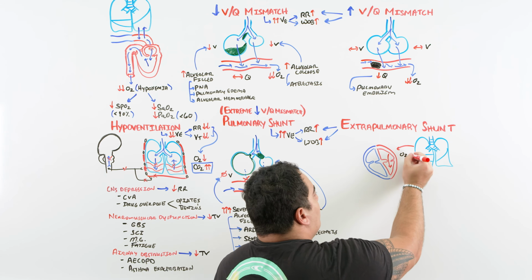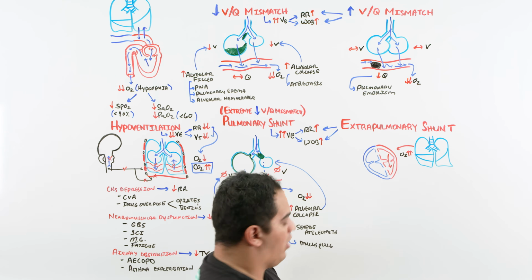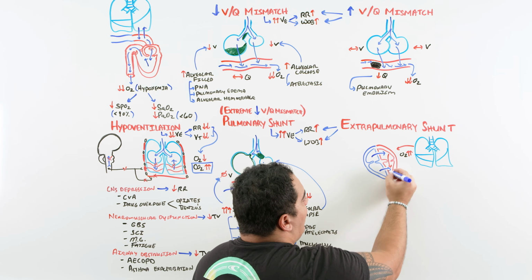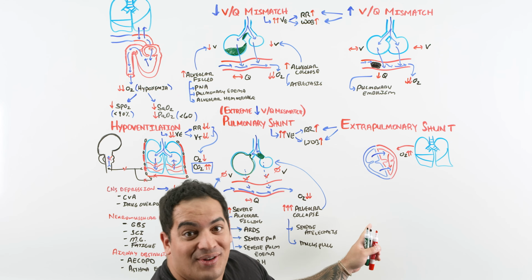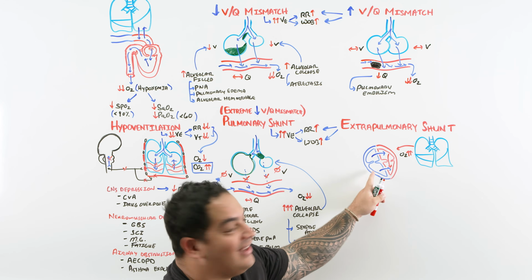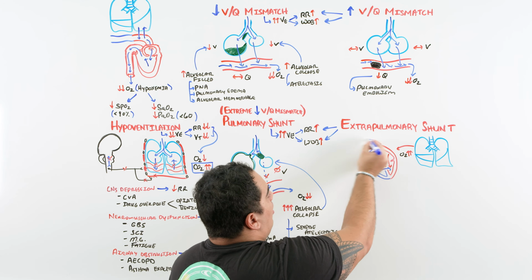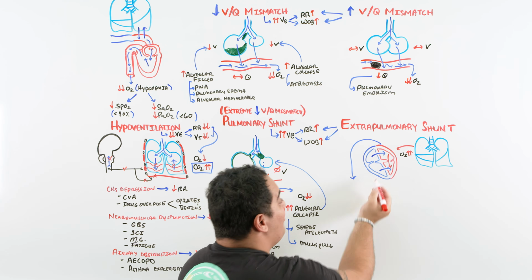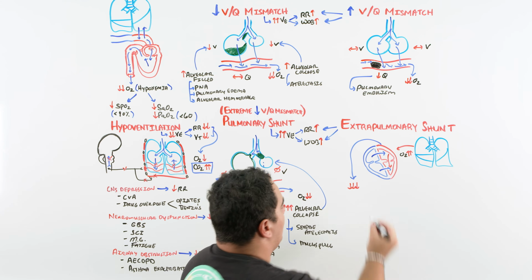But if for whatever reason I have a hole open between the heart and deoxygenated blood diverts over into the oxygenated blood, and I have blood go from the left atrium, left ventricle, into the arterial system, I test it, what am I going to find? Deoxygenated blood. So if I were to imagine here, blood's coming out of the heart, what am I going to see as the O2? It's going to be low because I'm mixing blood here. They're going to have crazy low O2 levels.